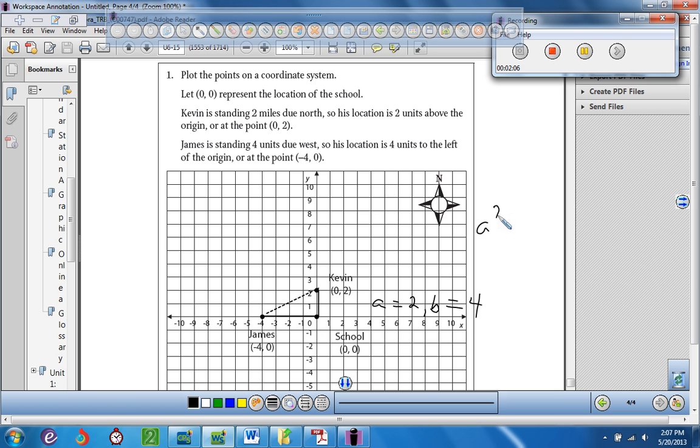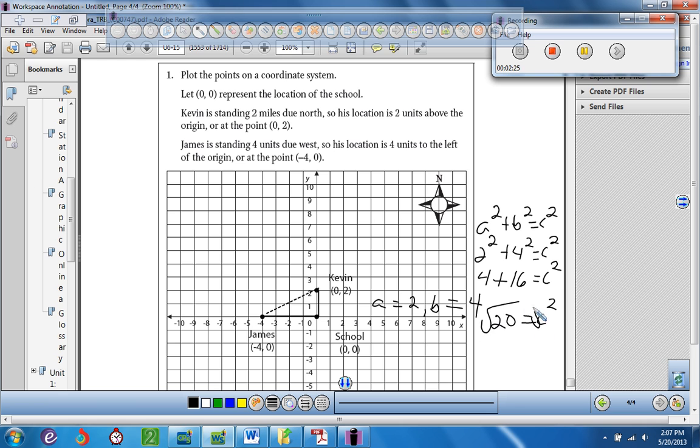So what we'll do is A squared plus B squared is equal to C squared. So we get 2 squared plus 4 squared is equal to C squared. So we're going to end up with 4 plus 16 is equal to C squared. Add these two together, you get 20 is equal to C squared.